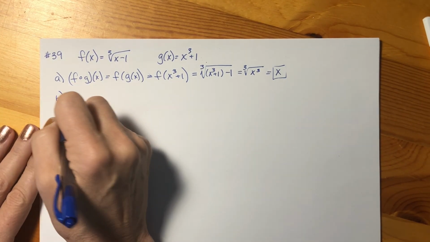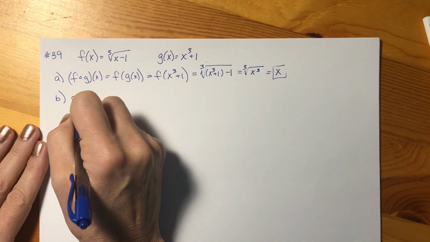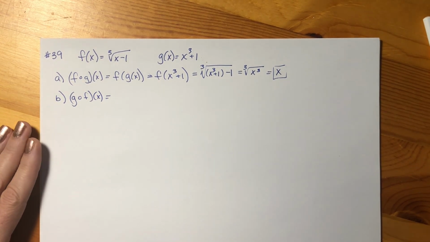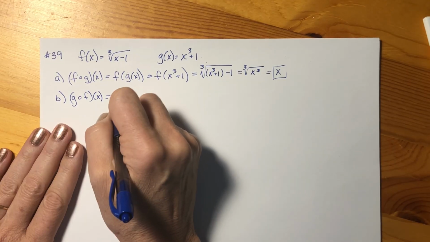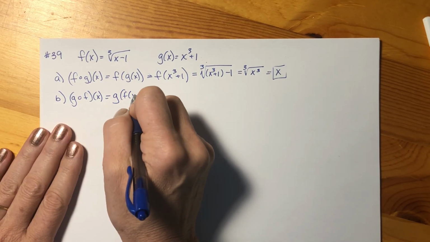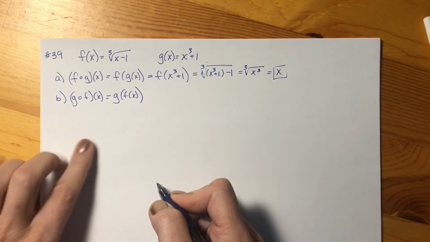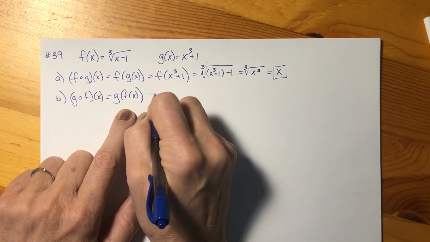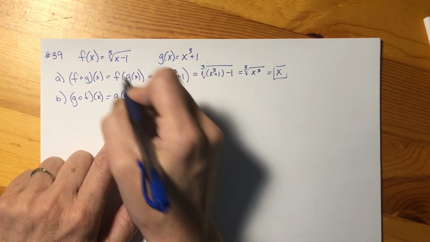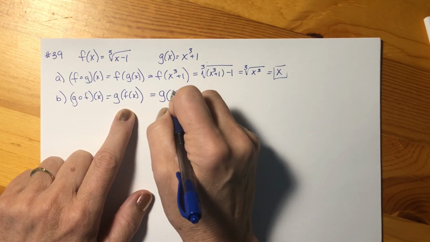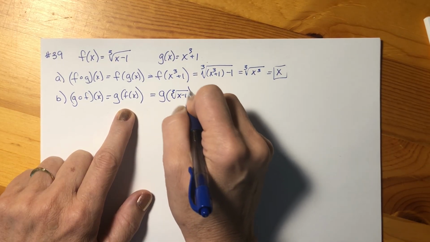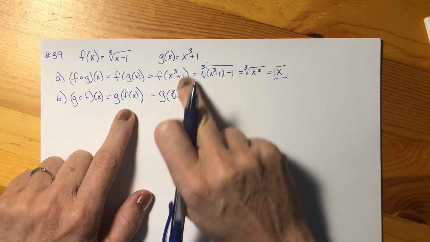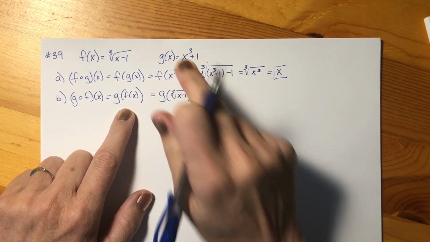Let's do letter B. They say g of f of x, or as the kids say, golf. I like to rewrite it this way first every single time. Now I'm going to start on the inside with the f function. So I'm going to say g of, and I'm going to replace x with the cube root of x minus 1. I'm going to take this value and substitute it in here for my x.